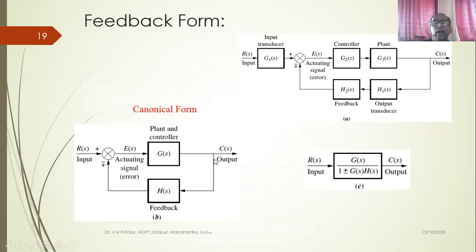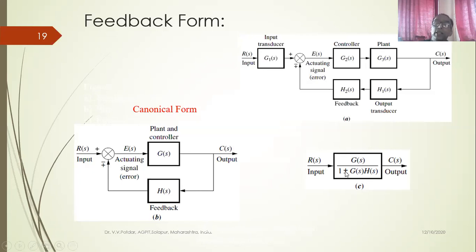What I have done here is eliminate the feedback loop and convert it into a single block. How do I read the closed loop transfer function of this system? It is G(s), the forward path elements, divided by 1 plus or minus forward block elements into feedback elements, G(s) into H(s). This we have to remember as a rule.